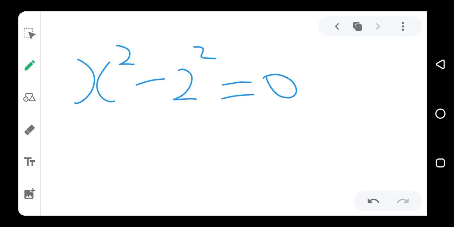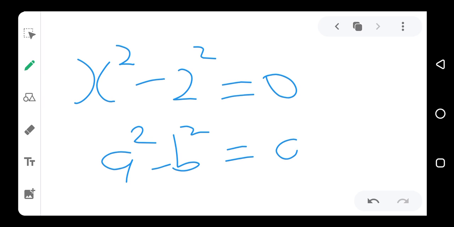Now there is one law that says that if we have a squared minus b squared, it is equal to (a plus b)(a minus b).